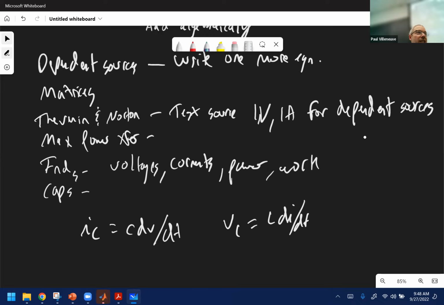By recognizing these two, we see that the current in a capacitor can instantaneously change, and the voltage drop across an inductor can also instantaneously change. But the opposite is not the case. My voltage across my capacitor is 1 over C times the integral of IC dt, and my current in an inductor, IL, equals the integral of 1 over L times VL dt.